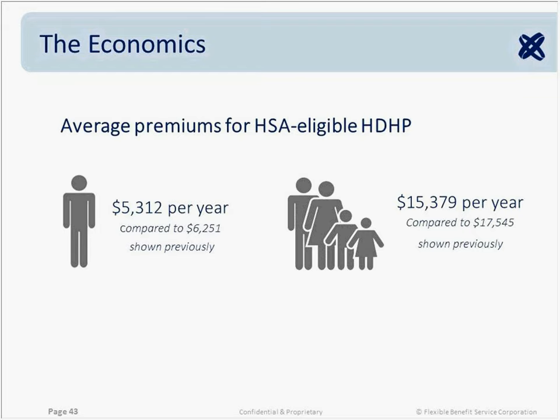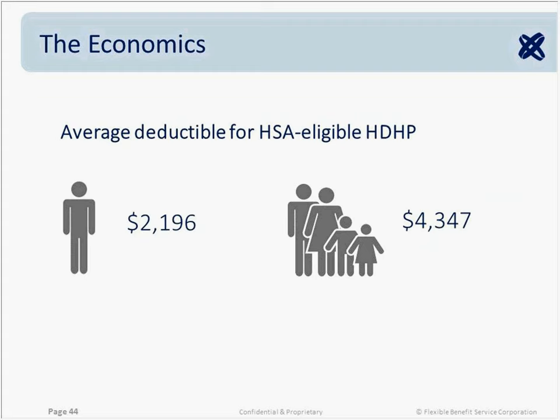When we take a look at the average deductible for a qualified high deductible health plan, it's $2,196 for a single person, $4,347 for a family.